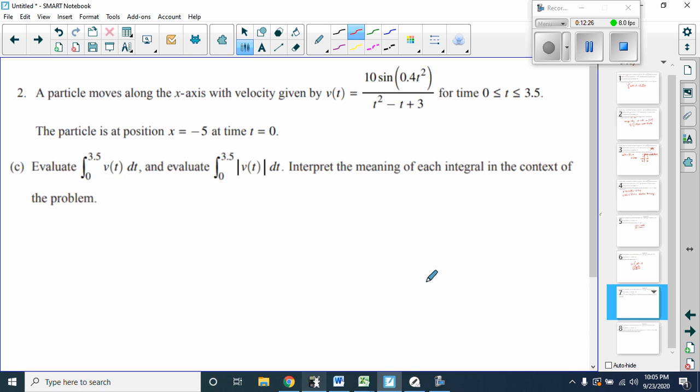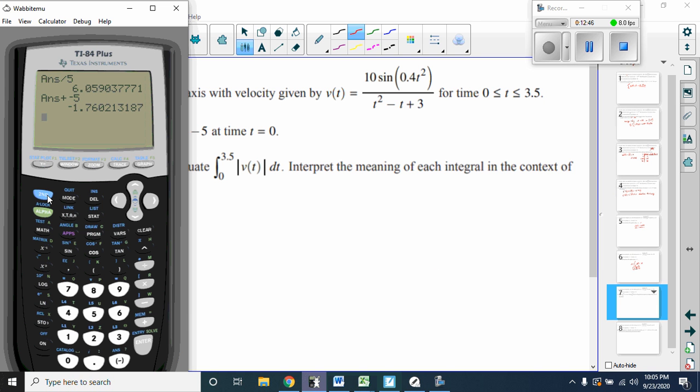Part C asks us to evaluate the integral from 0 to 3.5 of v of t dt, and to evaluate the integral from 0 to 3.5 of the absolute value of v of t dt, and then to interpret the meaning of each integral. So we've already graphed v of t, so it'd be easy to go from 0 to 3.5 here.